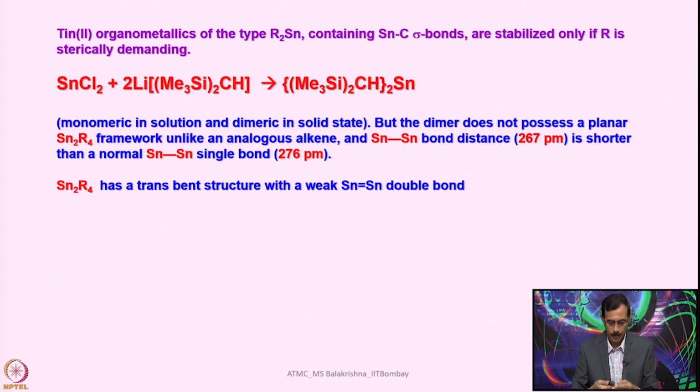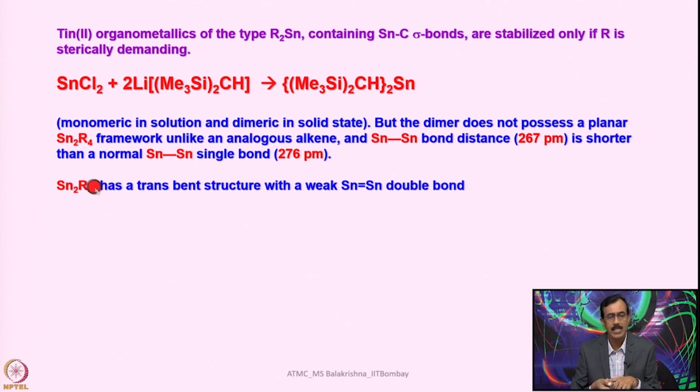In contrast, this tin dimer has a different structure, and another interesting thing is the Sn-Sn bond distance is 267 picometer. This is shorter than a normal single bond having a distance of 276 picometer. That means it is slightly smaller, but that is good enough to evoke a multiple bond character.